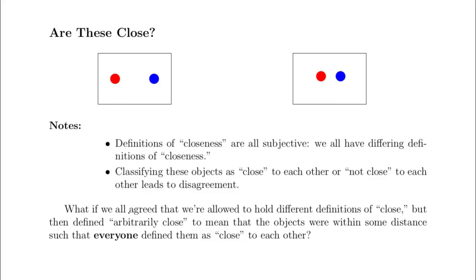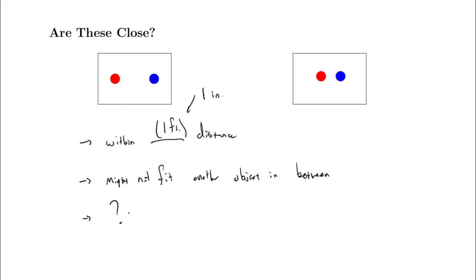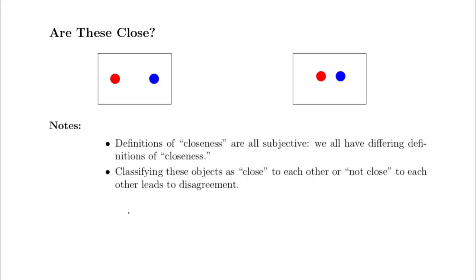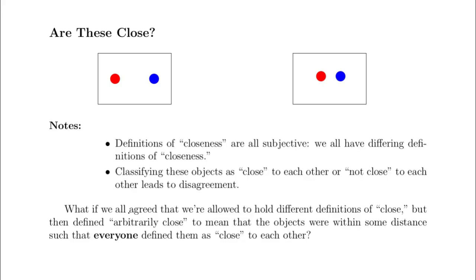They're within some distance where everyone is going to look at them and say, yes, that meets my definition of what close means. Whether that definition is within a foot or an inch or some self-referential definition about if you can fit an object in between them or if you're within an arm's length or something else. For every arbitrary definition of closeness, the two objects that we're thinking of are arbitrarily close if everyone could agree.